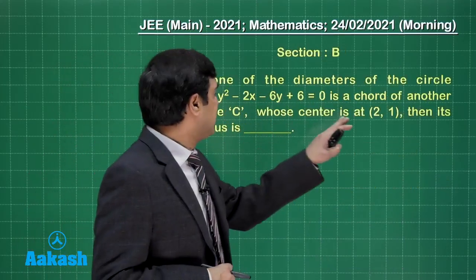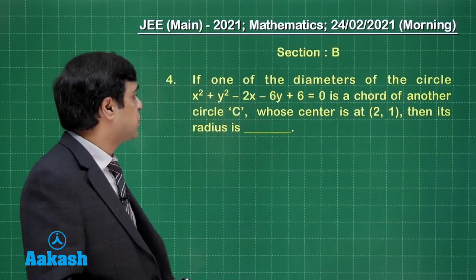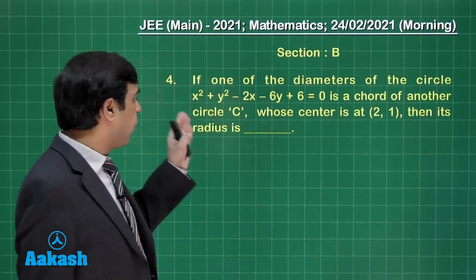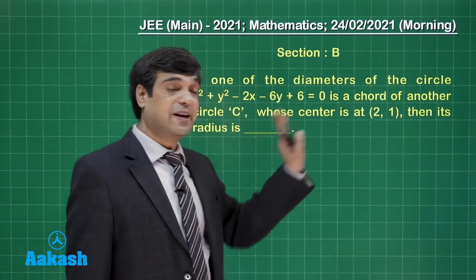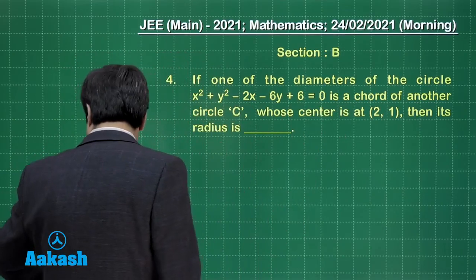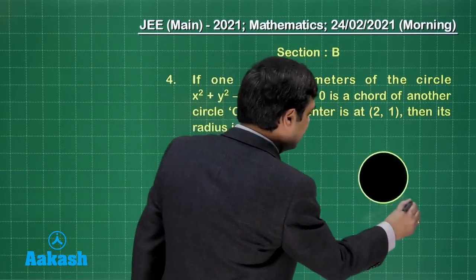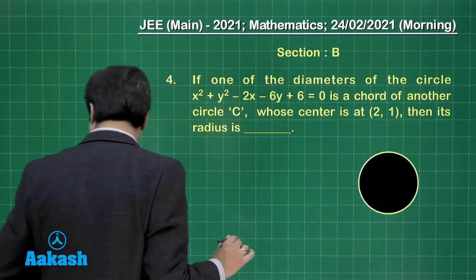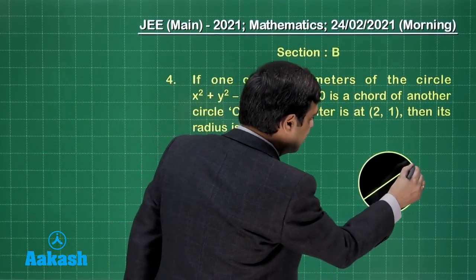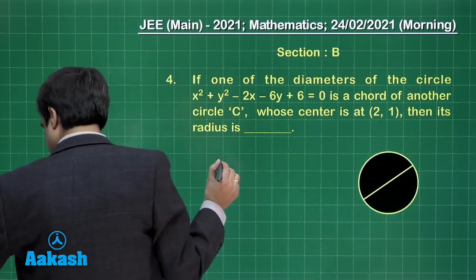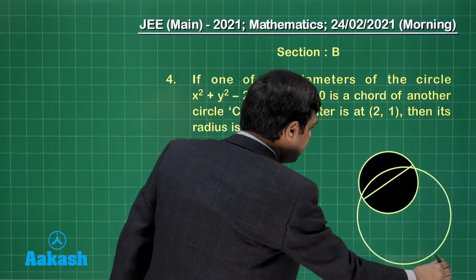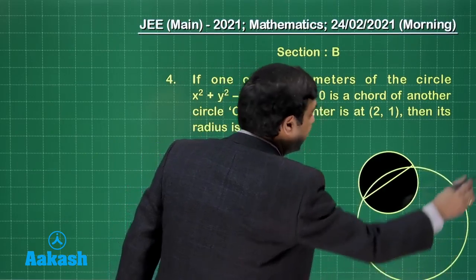If one of the diameters of the circle x square plus y square minus 2x minus 6y plus 6 equals 0 is a chord of another circle whose center is at (2, 1), then find the radius. Simple question. So let's consider there is a circle, correct? Now, the question says one of its diameters like this is a chord for another circle, like this.